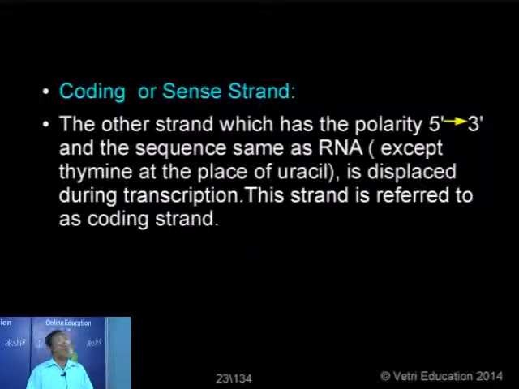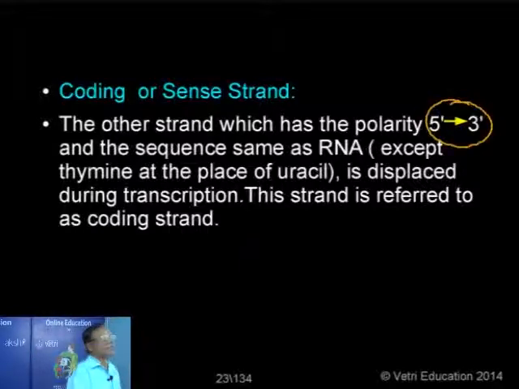Now the other strand is normally called the coding strand or the sense strand, because it has the actual blueprint for the synthesis of a particular protein. But it runs not in the 3' to 5' direction as in the case of the template strand, but has the polarity 5' to 3'.